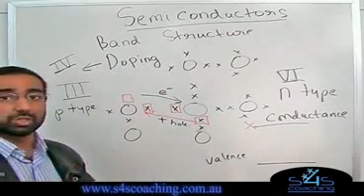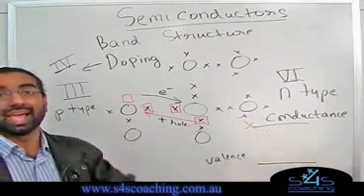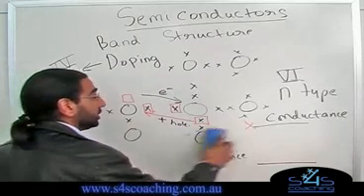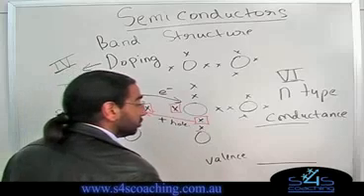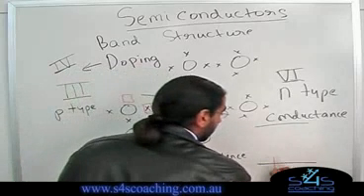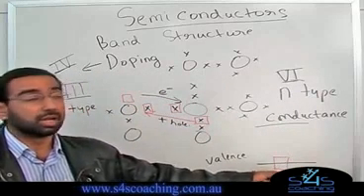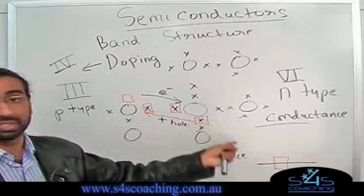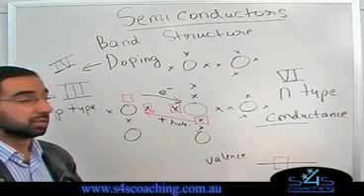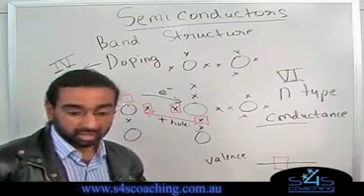It's not tied anywhere, it goes directly into the conductance band, and hence it is able to move. In a P-type, what I actually do is remove an electron from the valence band. So I put a hole in the valence band, and the hole moves in the valence band, which then causes the conduction to happen. So there's a difference, and you have to keep that difference in mind.